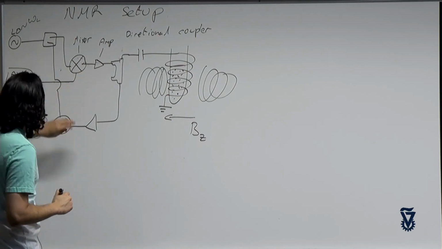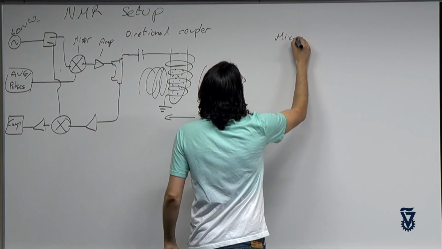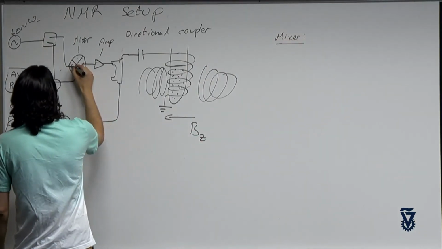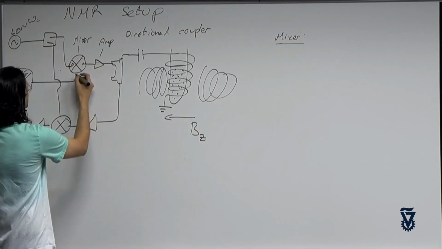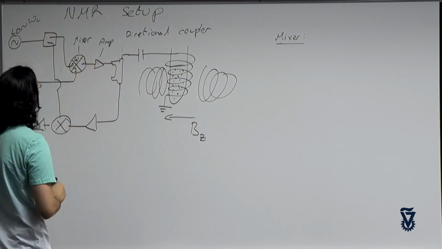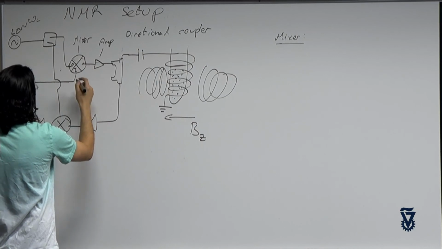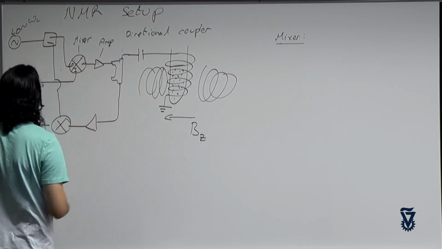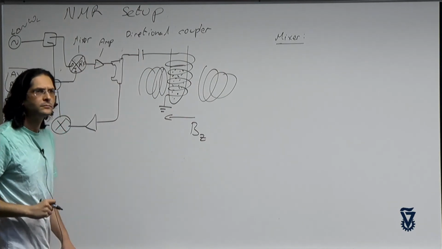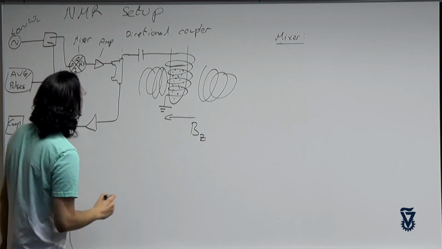To give it a reference, a mixer will have some LO port. It will have some I and Q ports, but it doesn't have to have I and Q ports. It can just have, let's say, an I port, and some output port called RF. We can have I and Q, but Q, let's keep it 0.